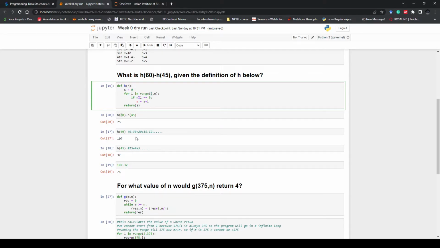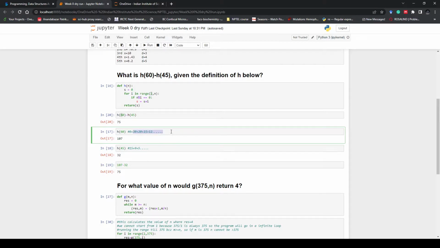Sorry, so at first i is equal to 2. So the first thing will be 2, correct? s equals s plus i. Then the next will be 3. 60 by 3 is equal to 10. So again it is divisible, so plus 3.